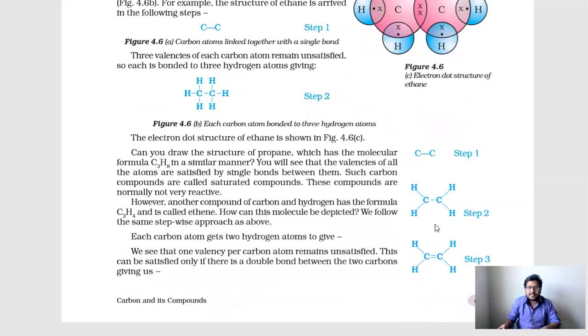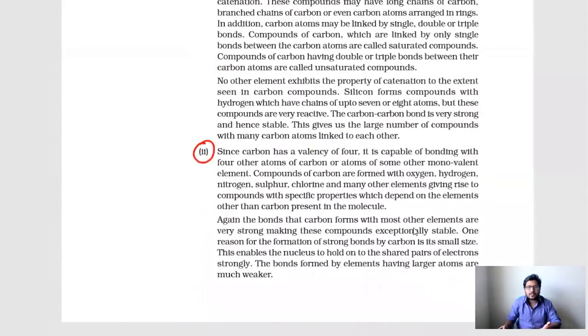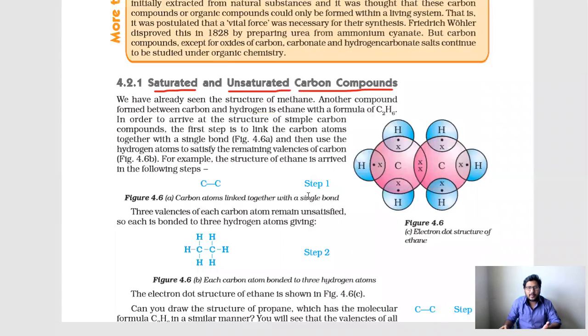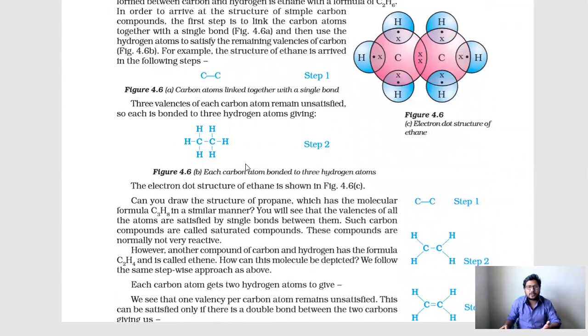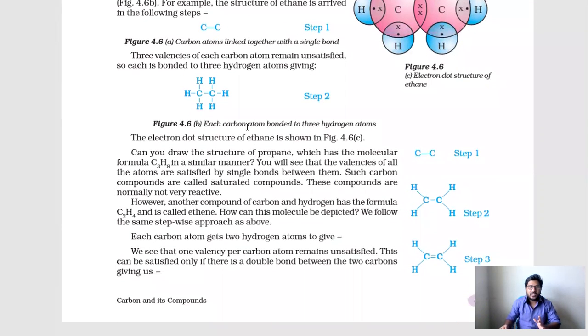You can find all these structures. Don't worry, if you understand today's concept, all these diagrams will be important and easy for you to denote, represent, draw. Fine. So why are they representing C dash C? Here, if you observe this diagram, H dash C dash C dash H, basically that is not a dash, it is a bond.